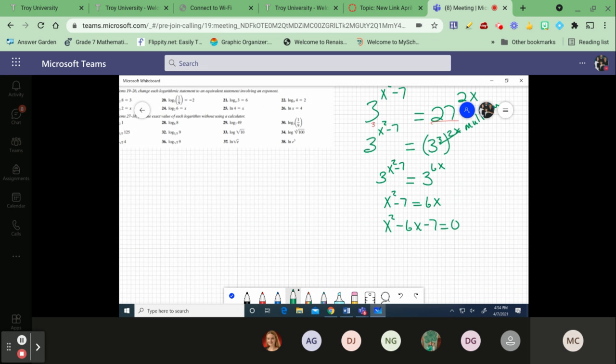So what can I multiply to get a -7 and add up to get a -6? Y'all are just way too talkative. x minus 7 and x plus 1. So my solution set is going to be 7 and -1.